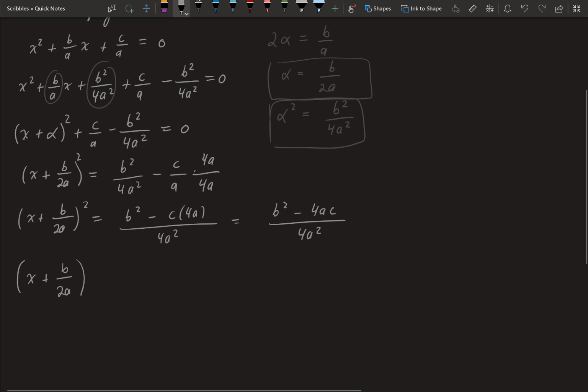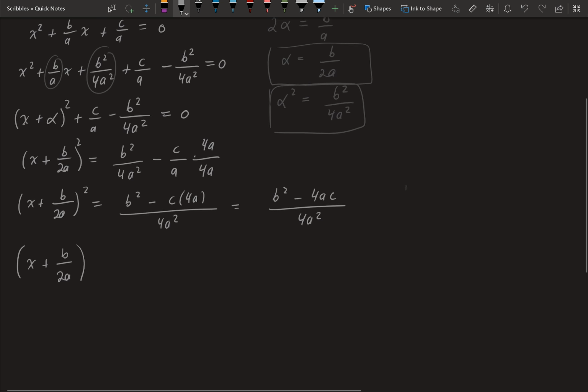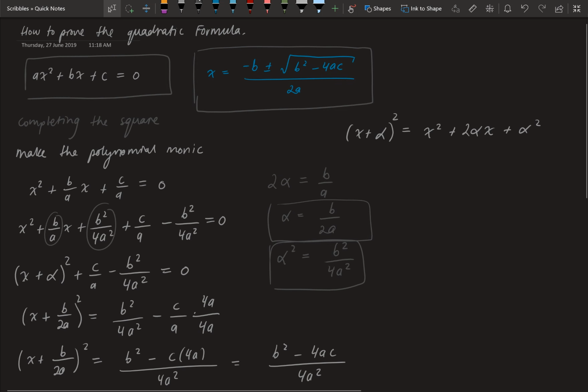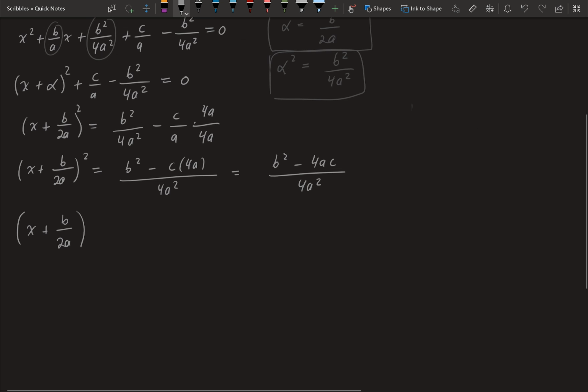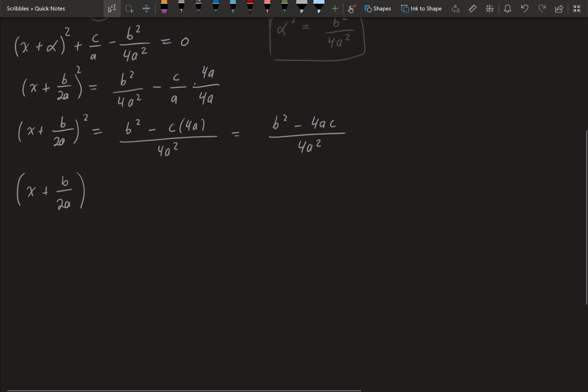Okay, so we're starting to get some part of the form of the quadratic formula up here. I'm going to take the plus and minus square root of both sides. So then you get plus or minus square root of b squared minus 4ac over 2a. Oh, sorry, getting ahead of myself. Over 4a squared.